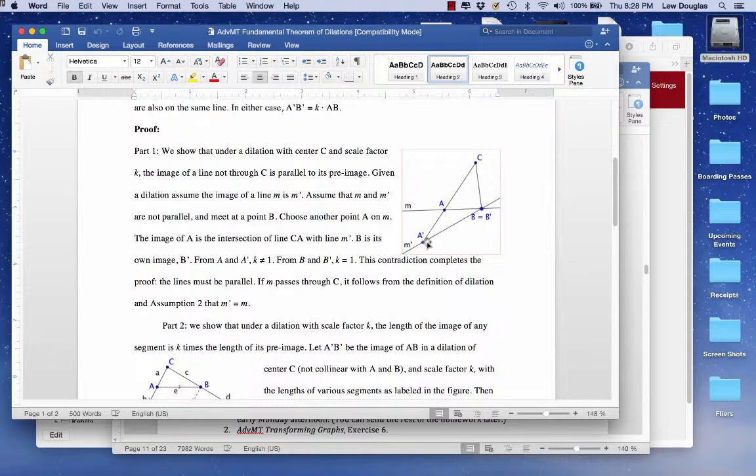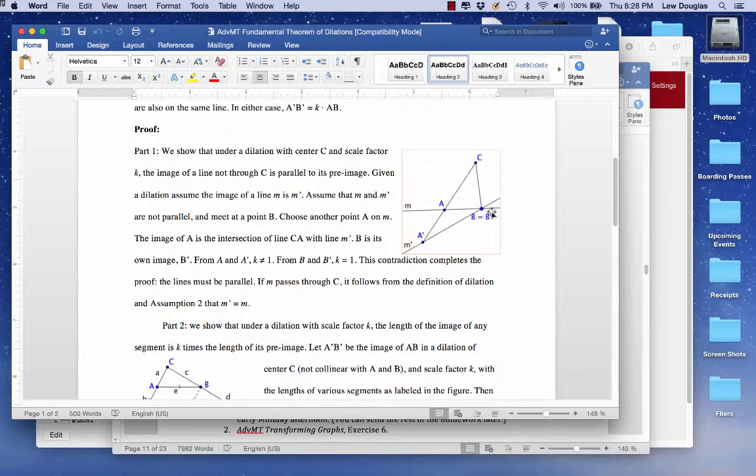The only point that does that is B. So from A and A prime, the scaling factor has to be bigger than 1 because it stretches, or less than 1, but it's not equal to 1. And from B and B prime, K equals 1.